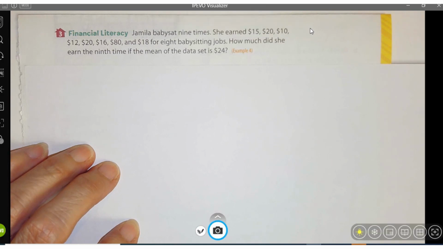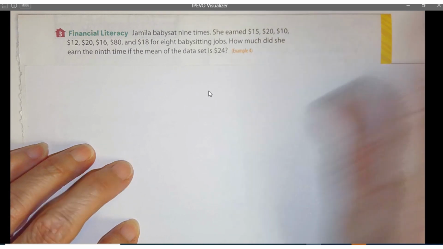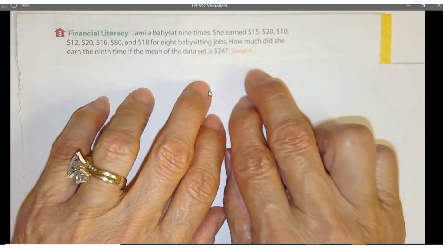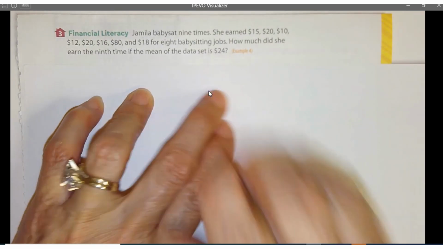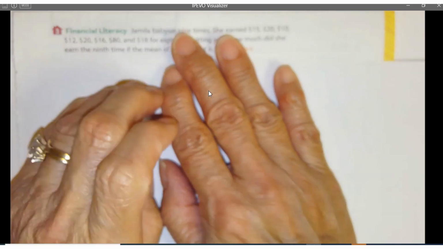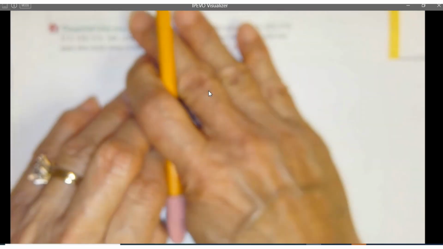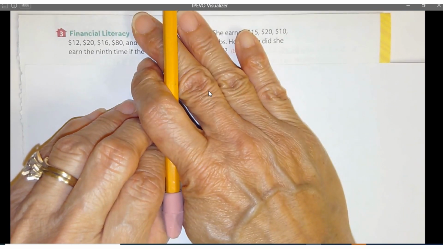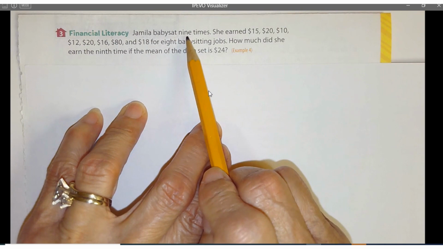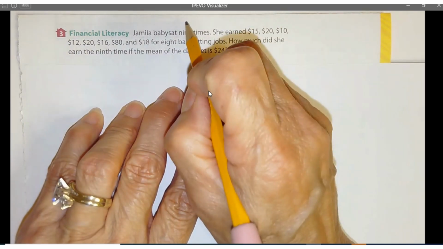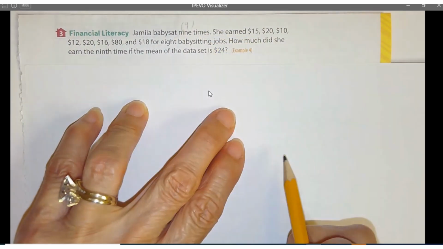Okay, students, we're back. Let's talk about this one right here. This is one of those where there's missing data, and we're going to find that 9th piece. So let's read it. Jamila babysat 9 times.